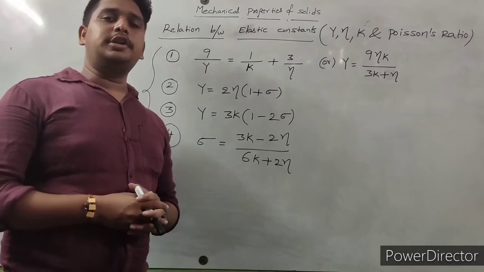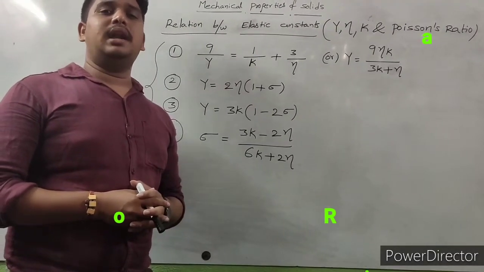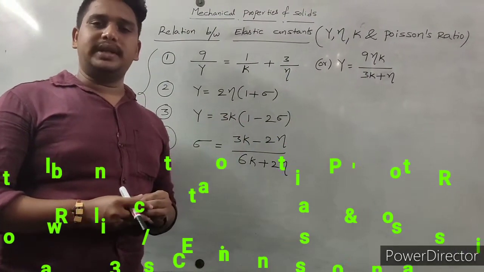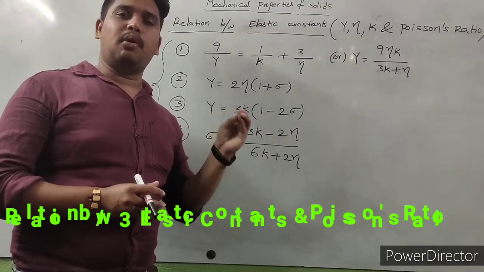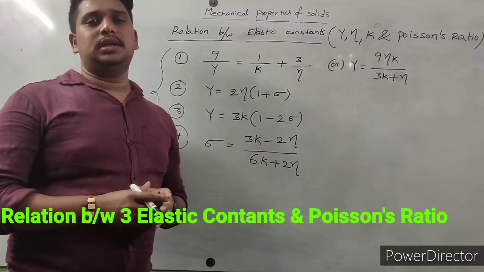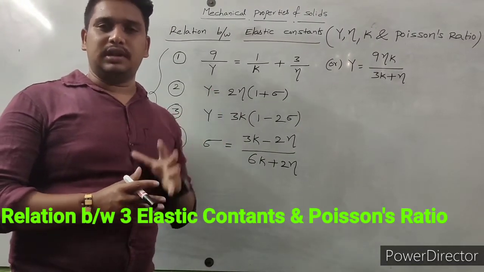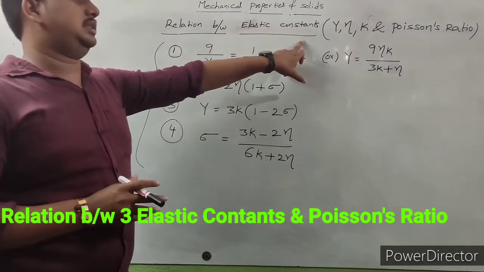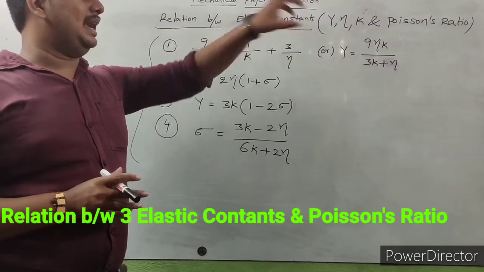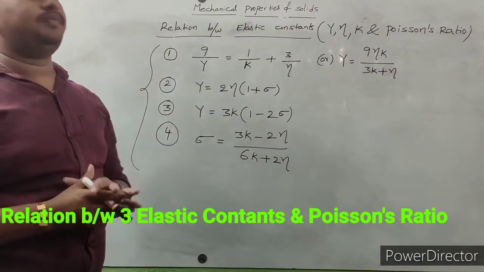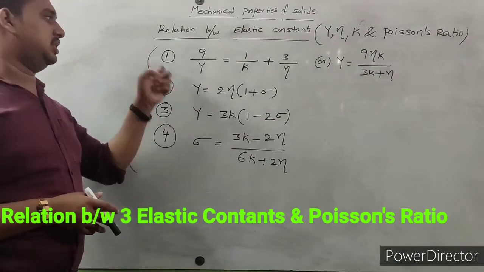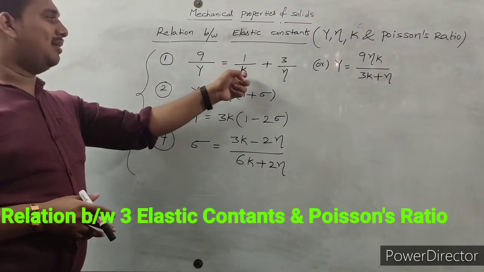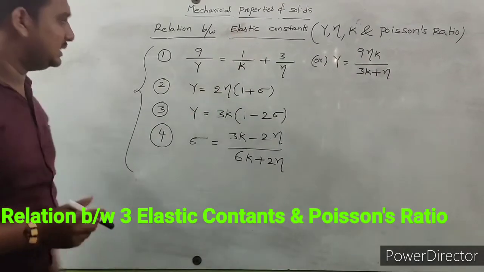Well, continuing my lecture on mechanical properties of solids, now I am going to discuss a very important concept. Please observe carefully: the relation between elastic constants Y, eta, K and Poisson's ratio. First relation: 9 by Young's modulus Y is equal to 1 by K plus 3 by eta.